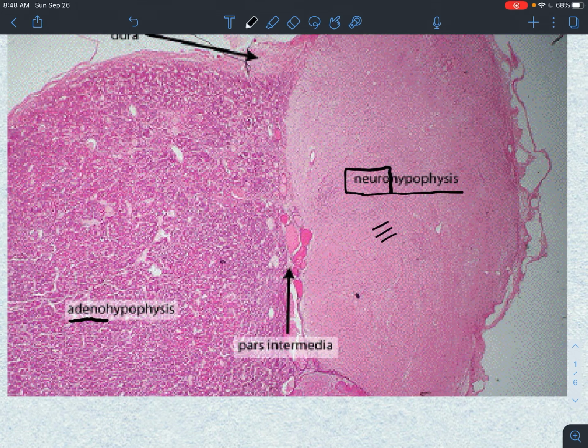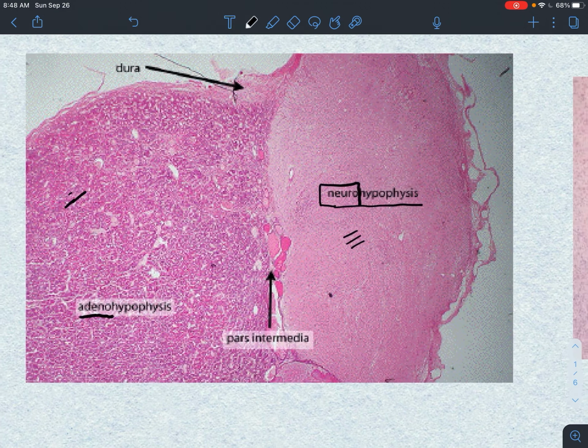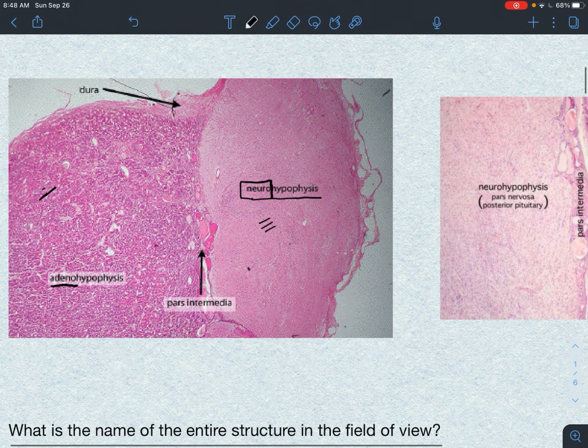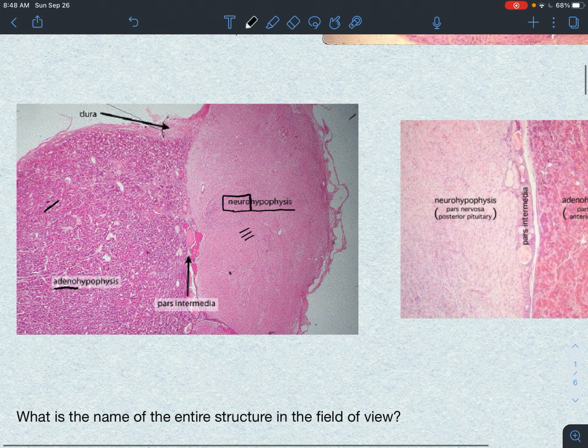The adenohypophysis has much more of what we could describe as a glandular appearance. And when I say glandular, I also include other types of glands, for example some salivary glands or some pancreatic glands and such. So it has a different appearance, that glandular appearance versus the nervous appearance.